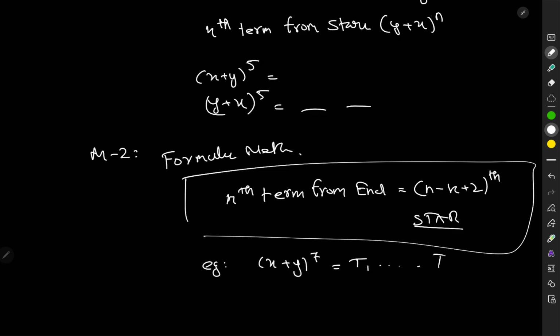So 7 terms. So we need to find the third term from the end. What will be the term from the start? Simply 7 minus k, which is 3, plus 2. Okay, 7 minus 3, 4, 4 plus 2, 6. Sixth term from the start. Fine.